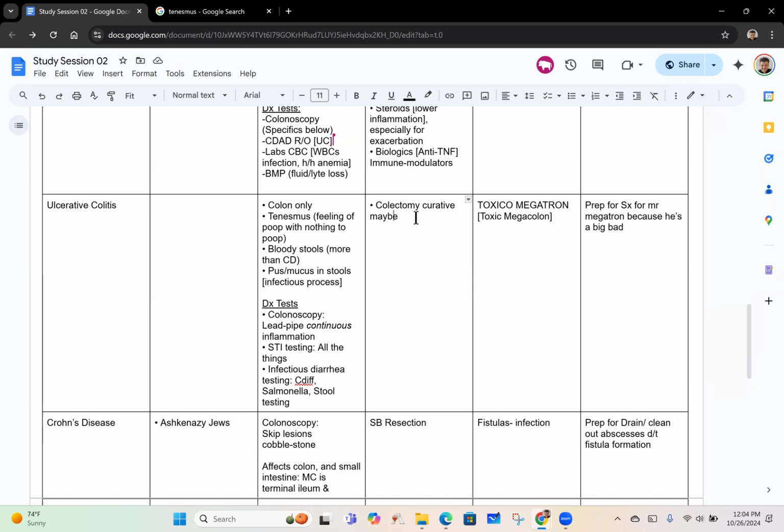Okay, and then colectomy is curative, other treatments, they got other stuff they can do, right? So that's where you get your meds. All right, you got like sulfasalazine. You have all kinds of other fun ones. Prednisone is, yeah, so steroids with exacerbations, so you can put that under complications.